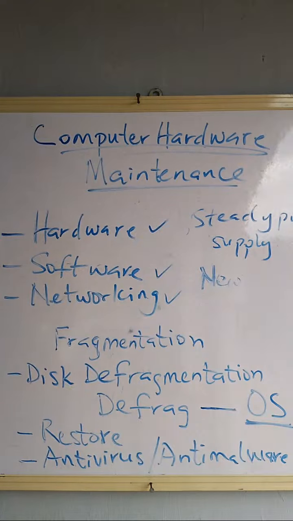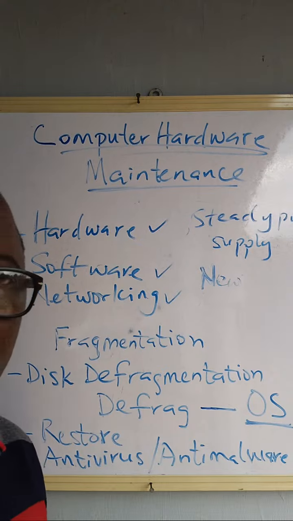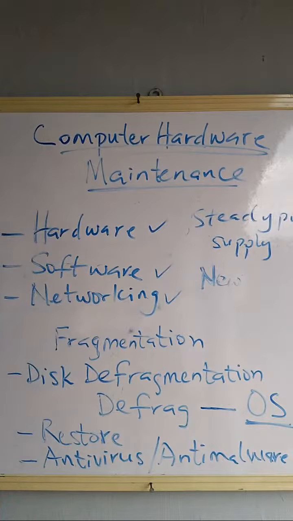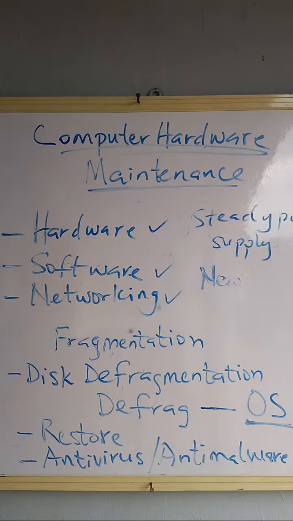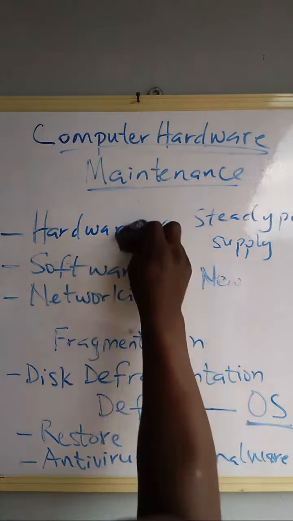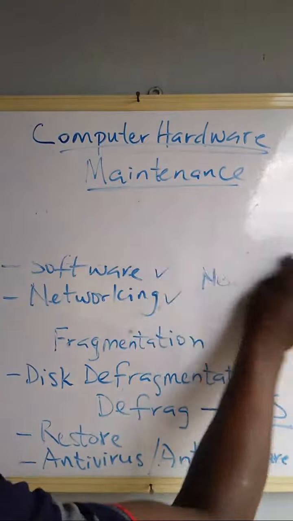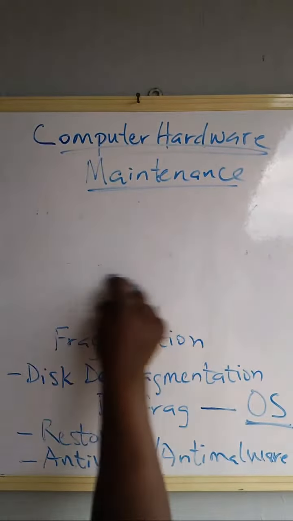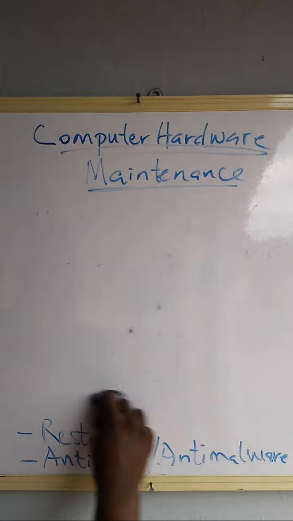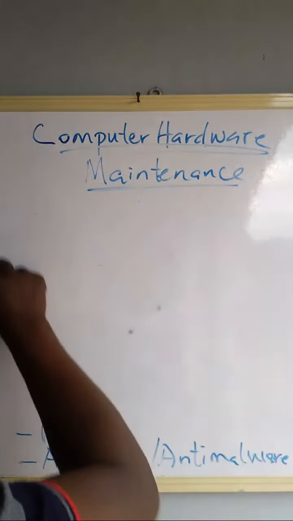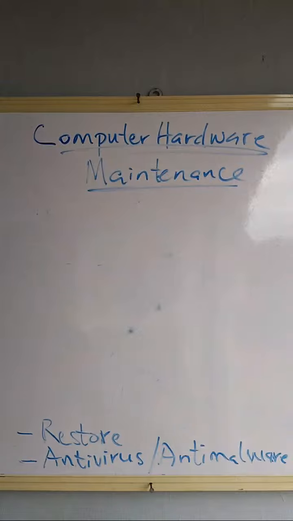So let's look at another aspect of software maintenance. Now we are going to talk about restore. System restore. It is called system restore. Okay? We are still talking on software maintenance. Now I want to talk about restore.